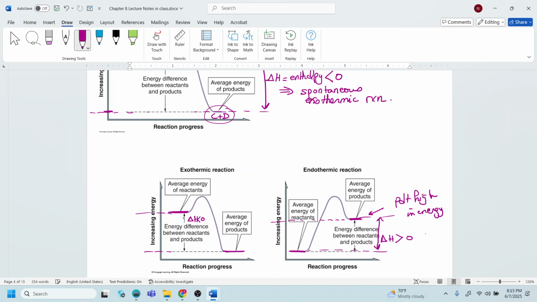This is the enthalpy of the reaction. It's positive. So when delta H is positive, I would say that this one is going to be a non-spontaneous reaction. A non-spontaneous reaction requires energy, so it basically absorbs energy, absorbs heat. So I would say that this one is an endothermic reaction.